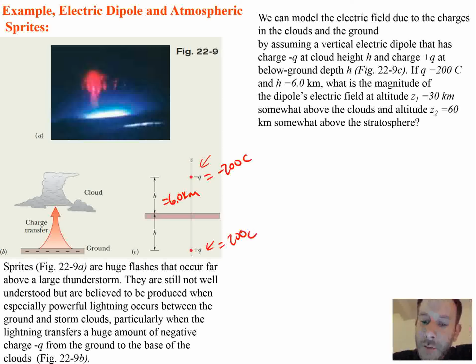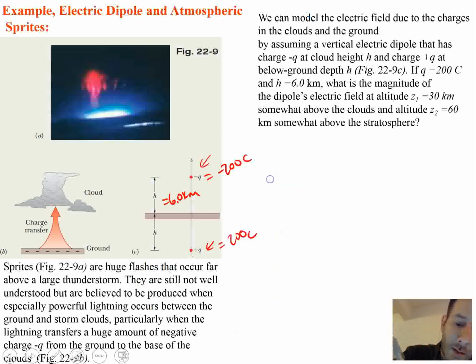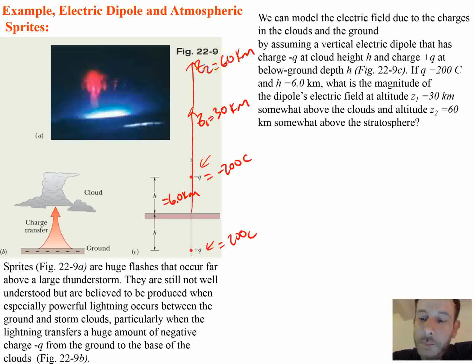So what's the magnitude of the dipole's electric field at altitude z1? Okay, so if we had some altitude way up here, z1 is equal to 30 kilometers, and then the second part, z2 is equal to 60 kilometers, which is somewhat above the stratosphere.